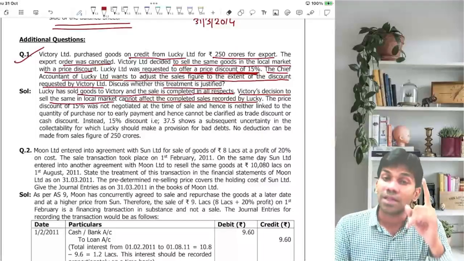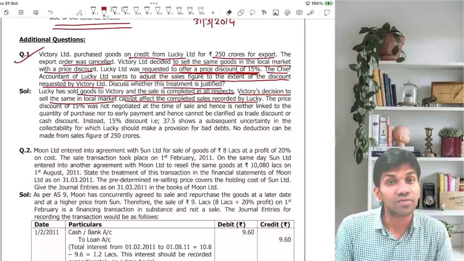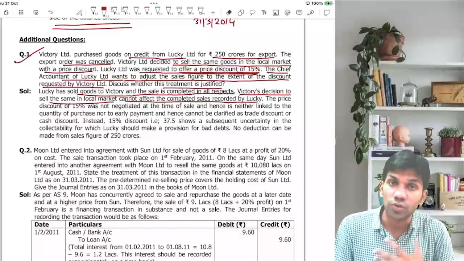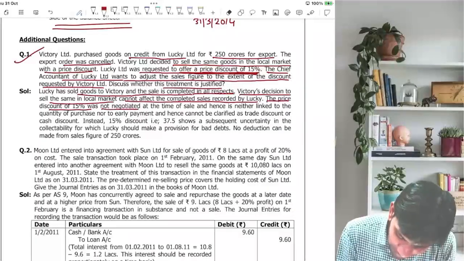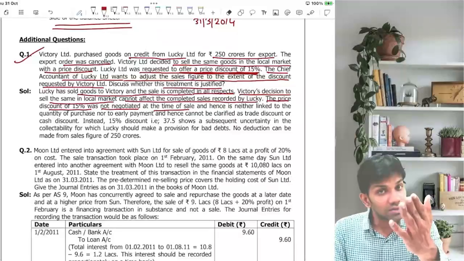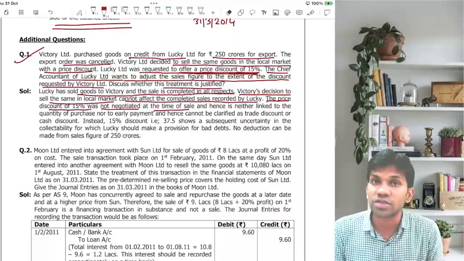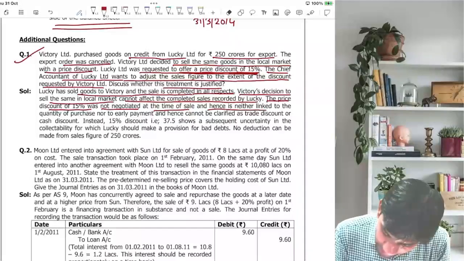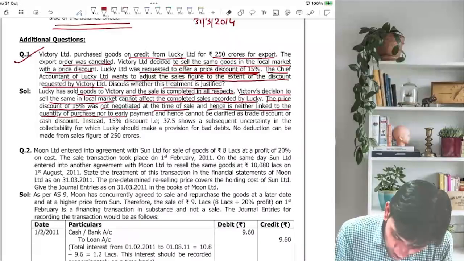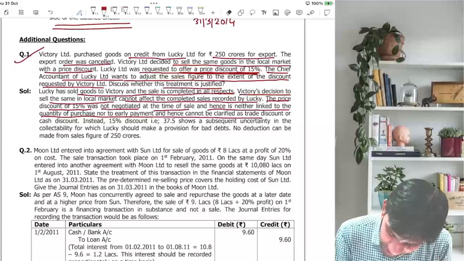Rather than that, Lucky Limited should create a provision for discount which Lucky is going to give to Victory Limited. The price discount of 15% was not negotiated at the time of sale. So when they sold goods to me, there were no discount terms discussed between both of us. And hence it is neither linked to the quantity of purchase nor to early payment, and hence cannot be classified as trade discount or cash discount.